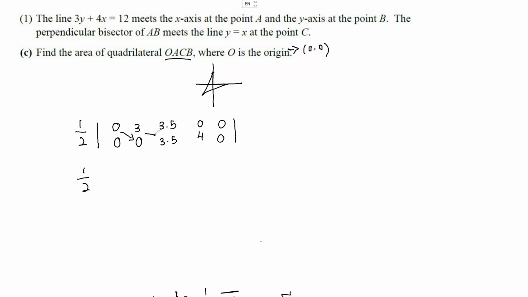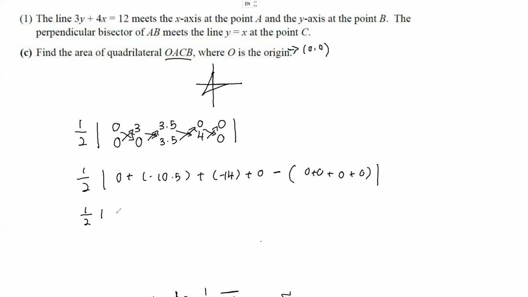First we multiply downward like this, where you will get 0 plus 12 plus 14 plus 0. Then we need to multiply upward again, but this time it will be negative. Since everything we multiply is 0, we basically don't need to subtract anything.